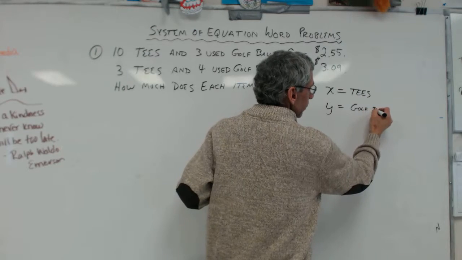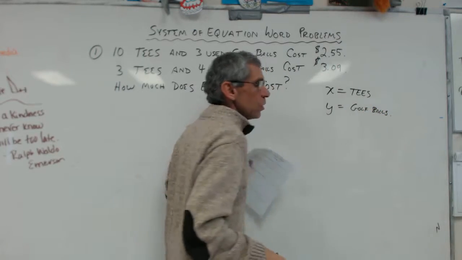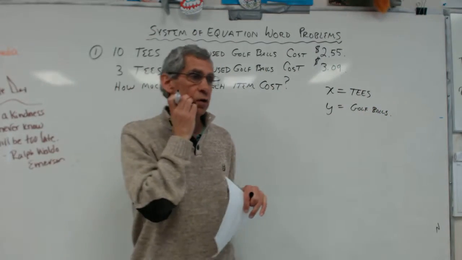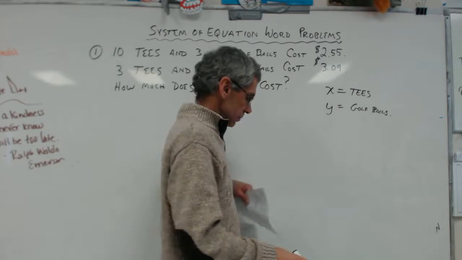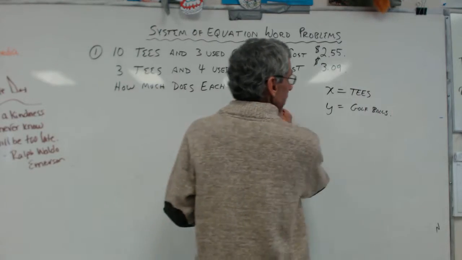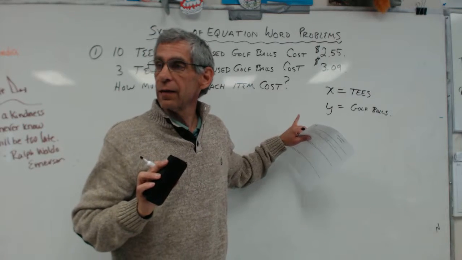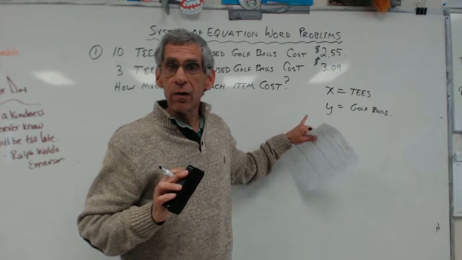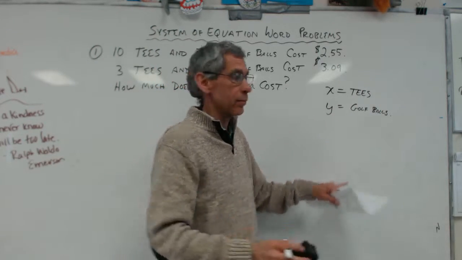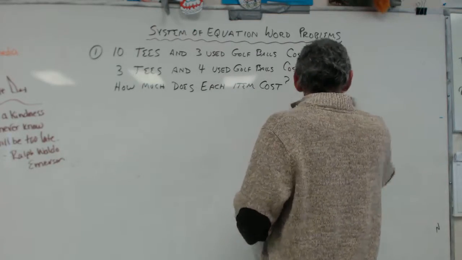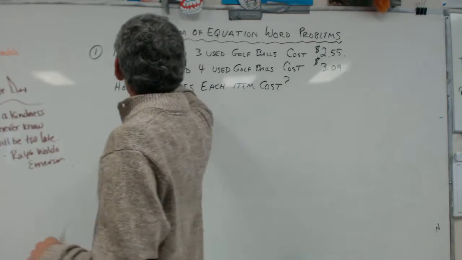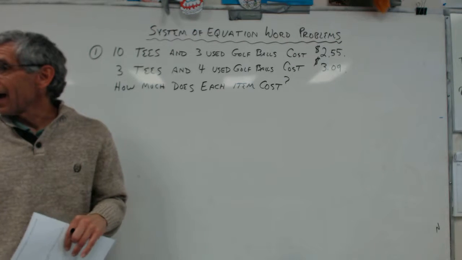You have to identify somewhere what you're doing. I'm a little lazy, guys, and I don't like doing that extra step. So instead I'm just going to use my variables that I already know, because it's really obvious what they stand for.